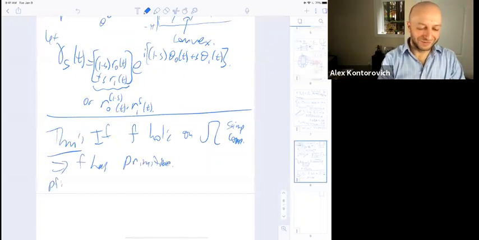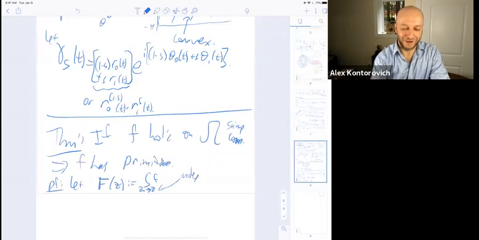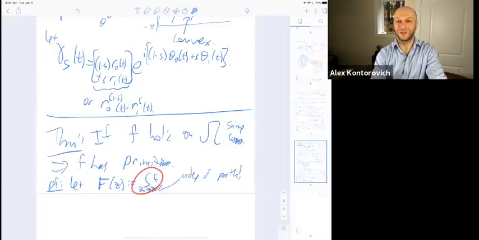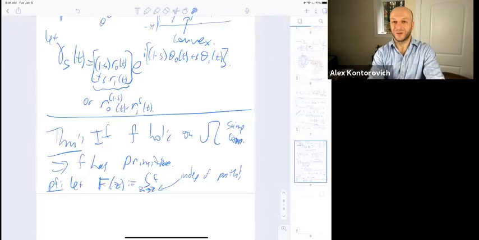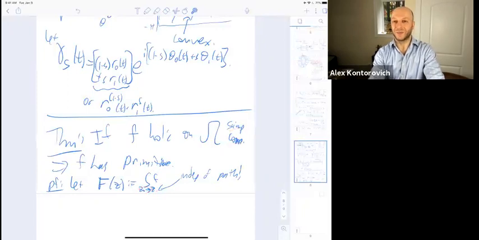Proof: let big F of z be the integral from z0 to z of f. This is independent of the path because any two paths are homotopic, and we just proved that the integral is the same if the two curves are homotopic. Simply connected means every two curves with the same starting and endpoints are homotopic.